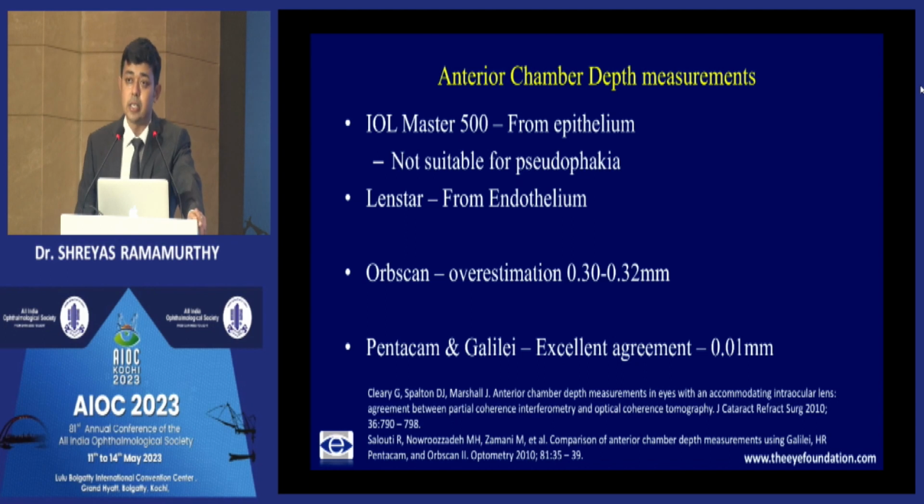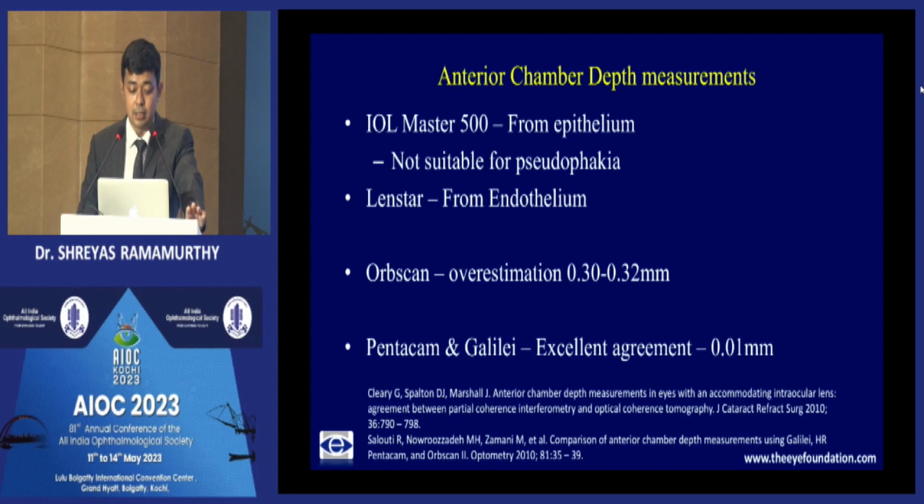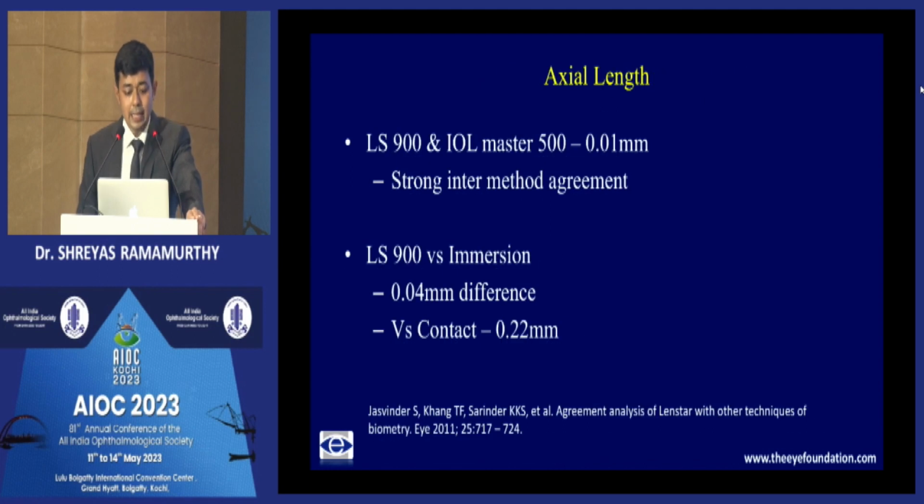The earlier iterations were not very accurate with pseudophakic eyes, but now with the B-scan biometry, you have excellent measurements with the IOL Master and Lenstar as well. The axial length, again, very good, strong inter-method agreement between different devices. Even with the ultrasound, if you can see here with the immersion, the difference is only 0.04 millimeter. So it's very, very good.